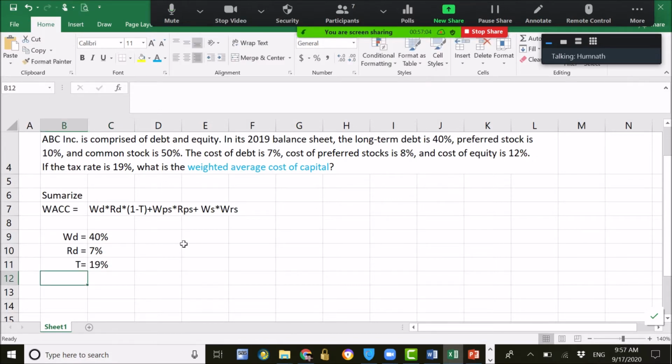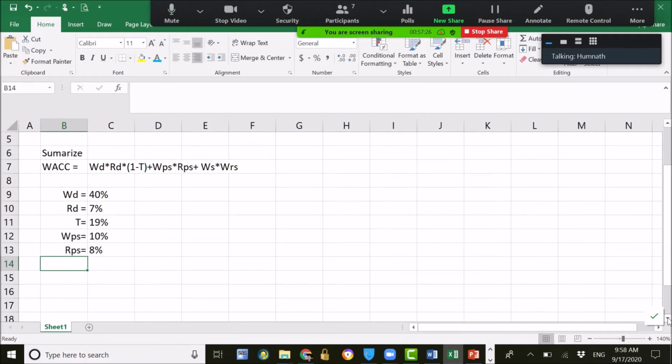And what else in the formula? WPS, right? So WPS, how much is that? 10%. And then RPS, which is the cost of preferred stock, how much is that? 8%. And then finally, we are coming to the equity.